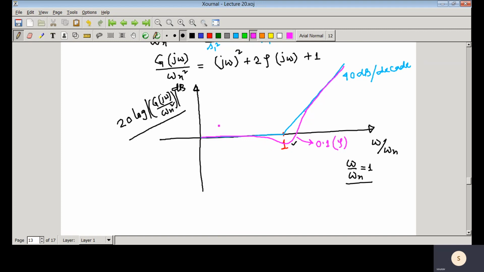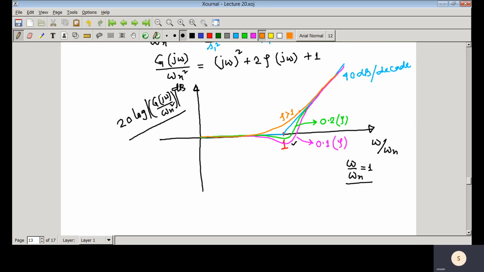Whenever we increase that zeta value, say suppose zeta is 0.2, then that would be 0.2 zeta, and if we keep on increasing that value, then we will see the plot is coming like this, and here this is zeta which is greater than 1.